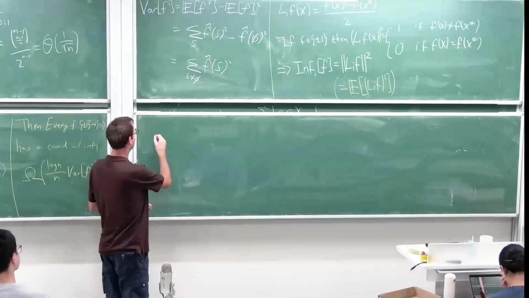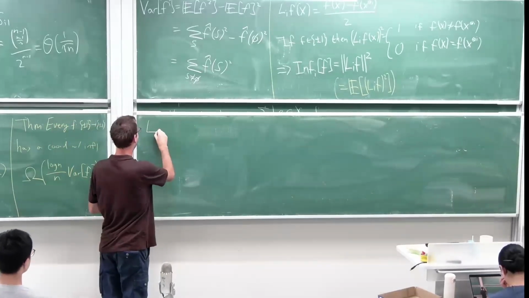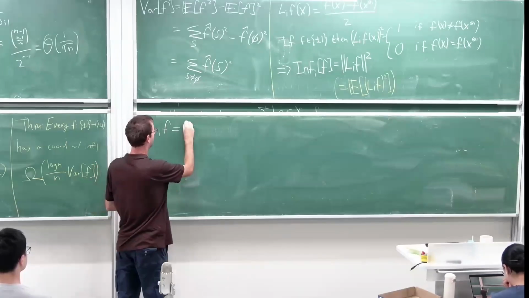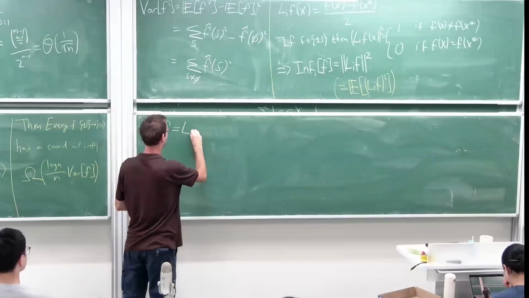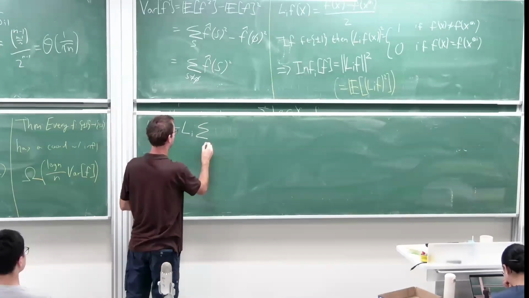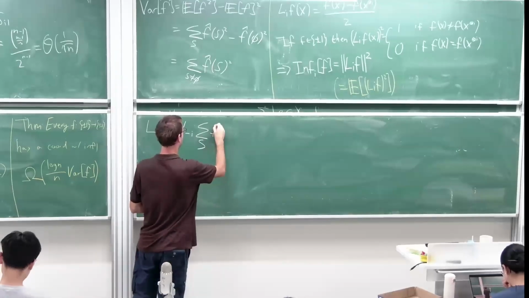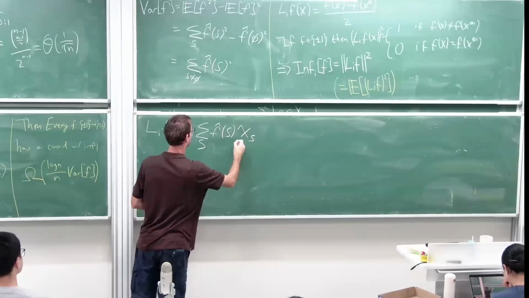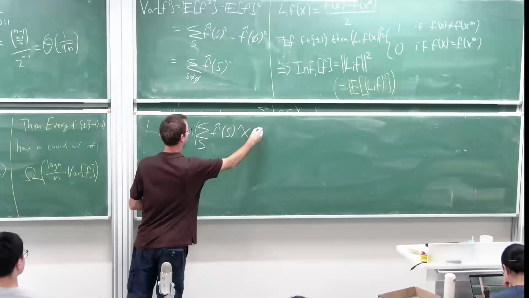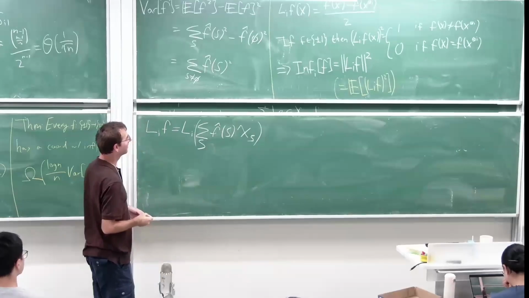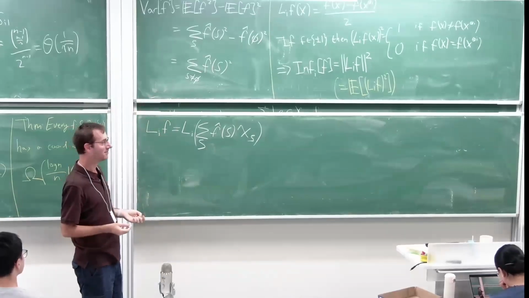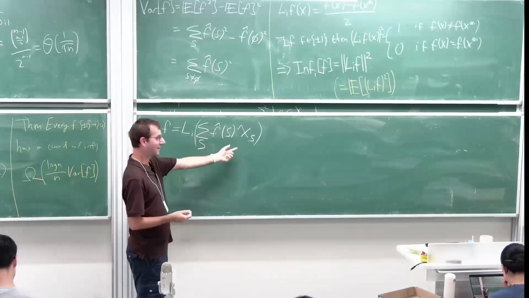Okay, so let's see what L_i f is like. So this is L_i of this entire thing. And you can see that this operator is linear, so I can just bring this thing inside.